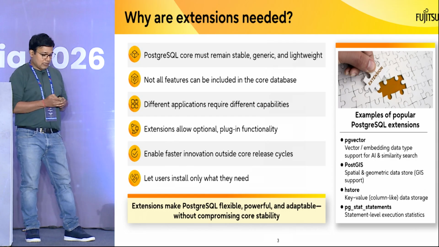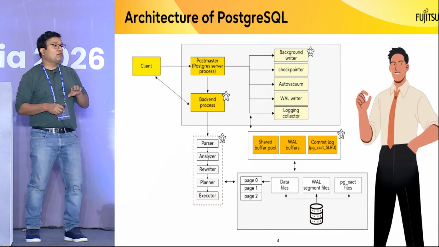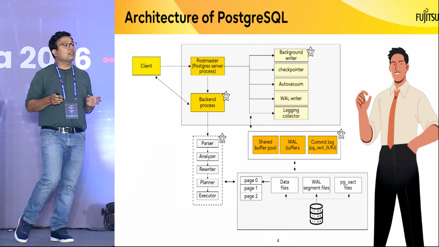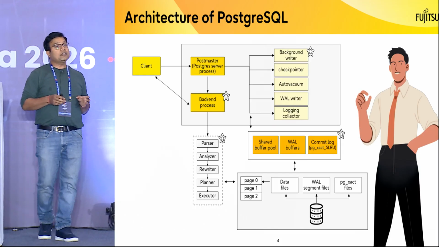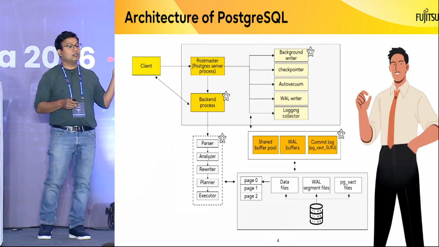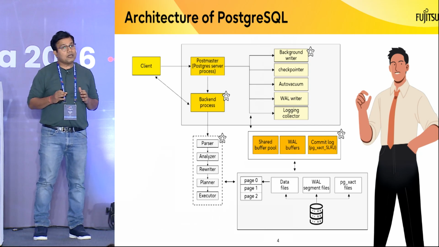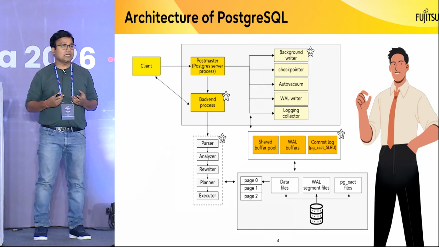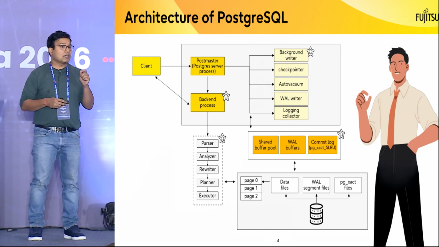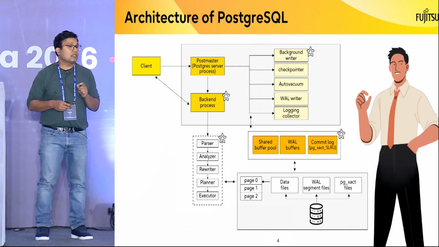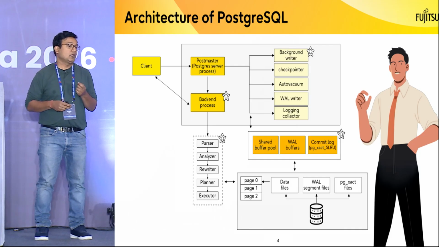So if you want to develop an extension, what do I need to know? For that we need to understand the Postgres architecture. We know Postgres uses a multi-process model. When you use the pg_ctl command, the first process started is called the postmaster, which some people call the Postgres server process.